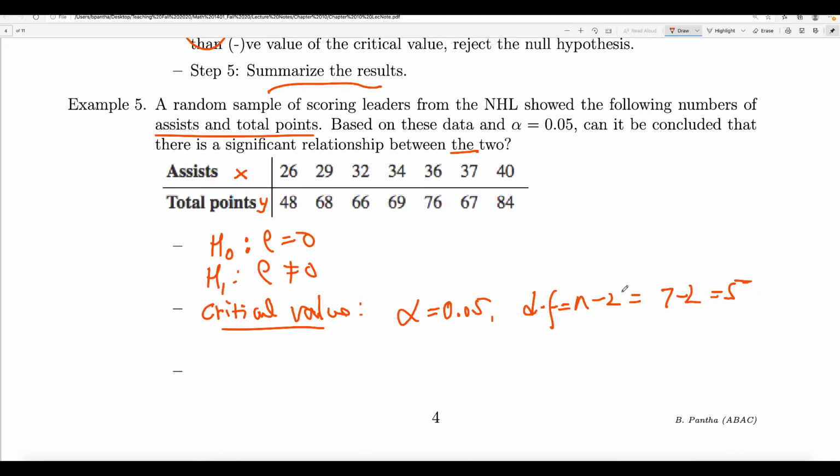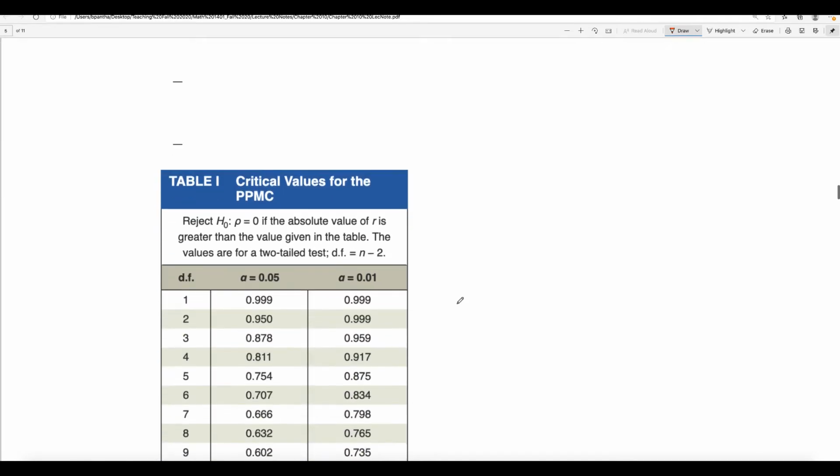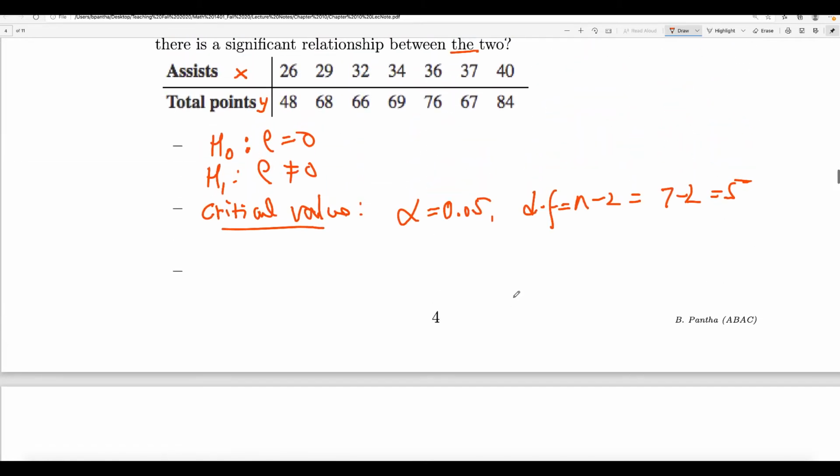Alpha is 0.05, so let us go to table I. Degrees of freedom 5 and alpha 0.05, that is the critical value. We write plus and minus for that: 0.754. So the critical value is plus or minus 0.754.